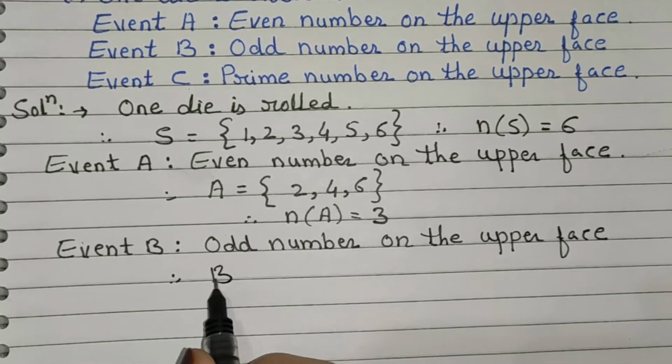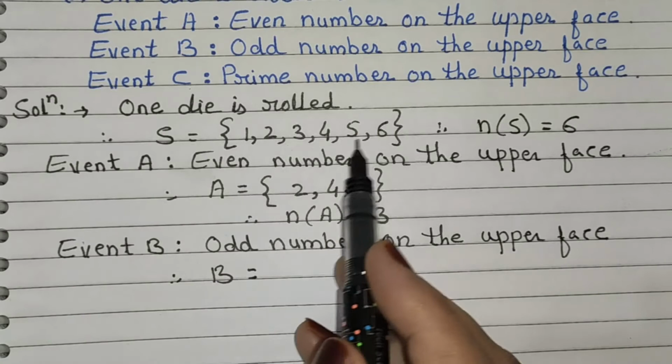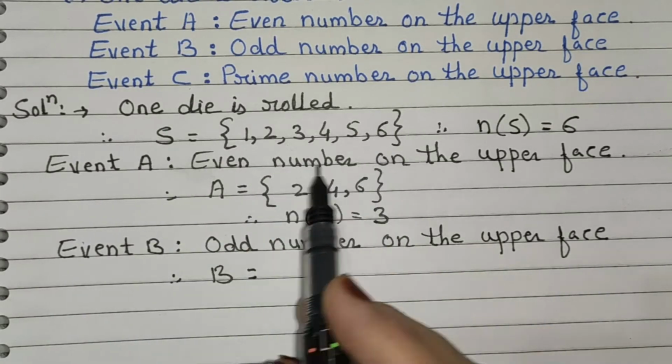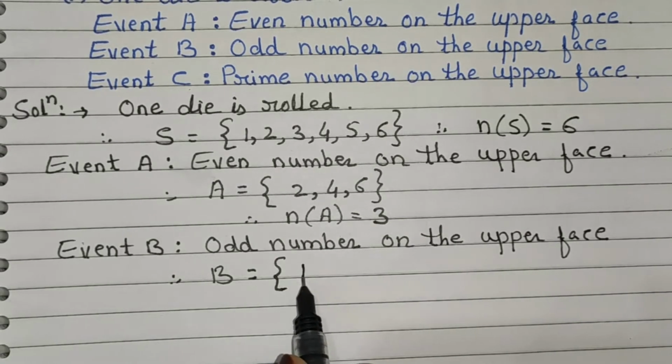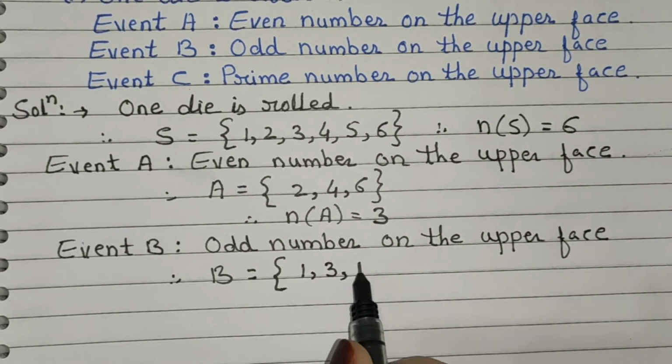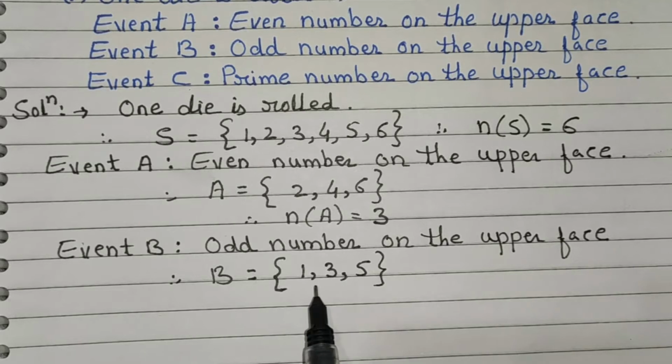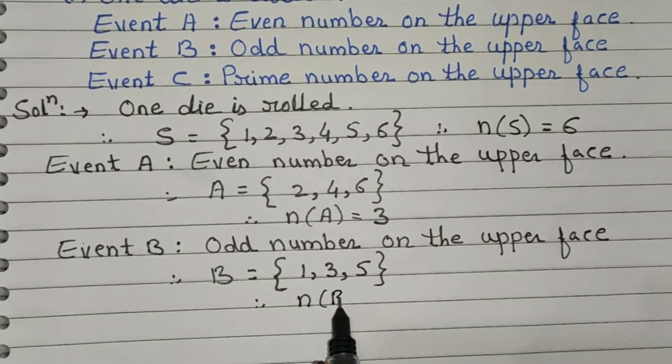Therefore B is equal to, now look at sample points here. Odd numbers are 1, 3 and 5. Write down here inside the bracket 1, 3 and 5. Now 1, 2, 3. Write down here n(B) is equal to 3.